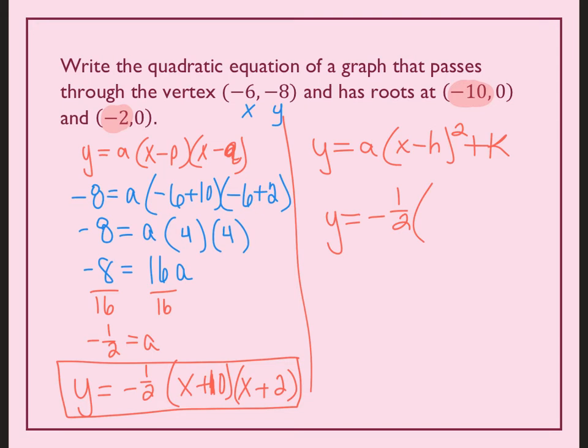Graphs that are written in different forms have exactly the same a value, no matter which one you chose to use. Now I do have to go back and look at my vertex, because I'm doing vertex form, is my h and k for vertex form. So x plus 6 squared minus 8.